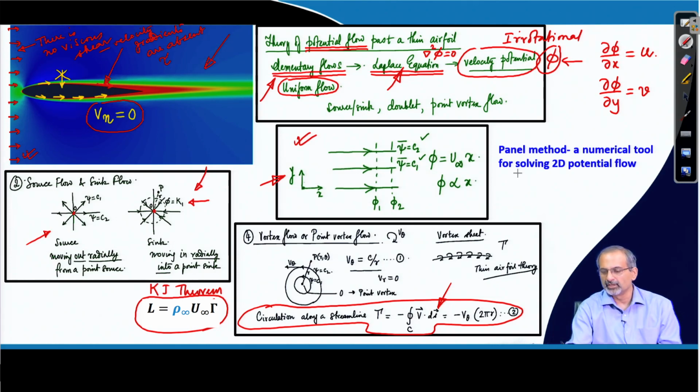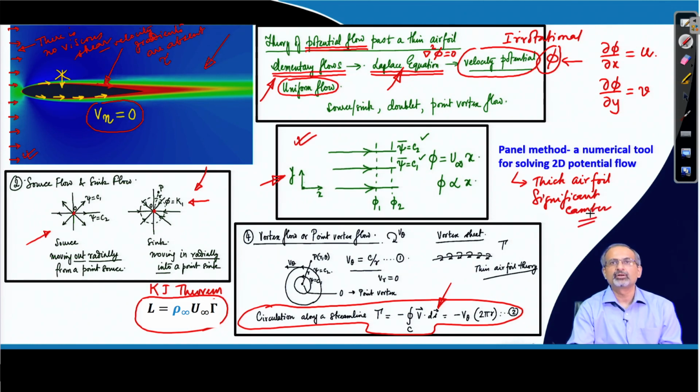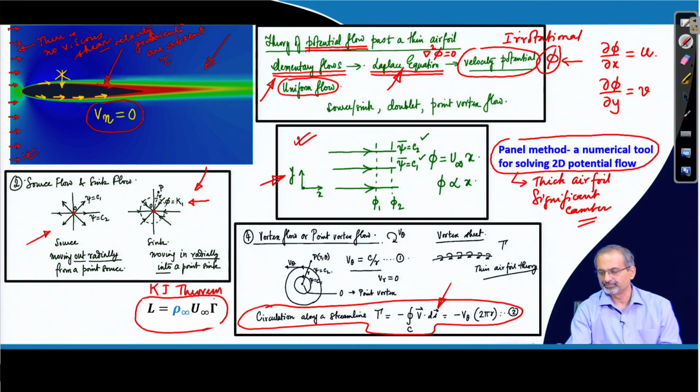So, you do not want to live with the restrictions of the thin airfoil theory, you would like to solve for a thick airfoil and with significant camber, and if you really want to do that, thin airfoil theory may not give you very satisfactory answers, but a numerical model can, and that is what is called as a panel method. So, we will learn about that method as well in one of the upcoming lectures.